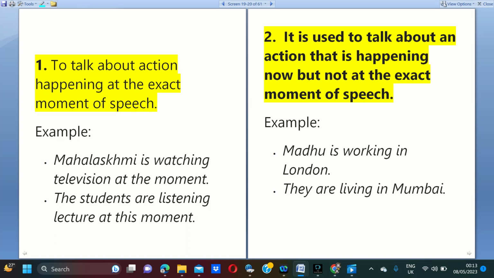They are living in Mumbai. These are all actions which are not happening at the exact moment of the speech. Those can also be said in the present continuous tense.